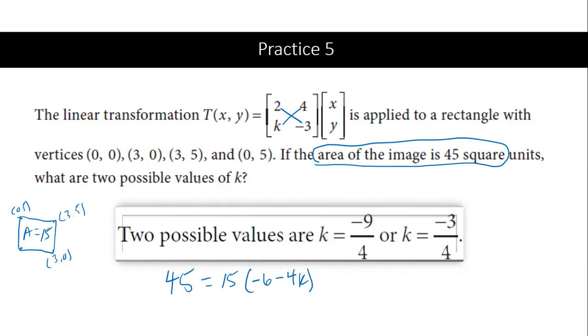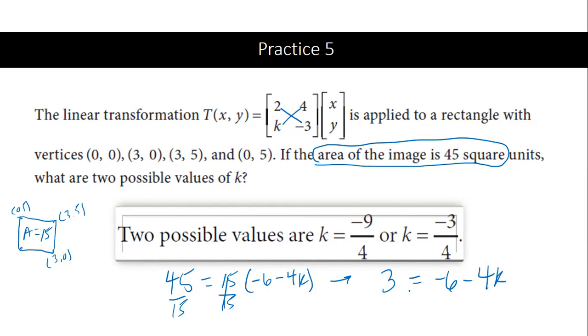So now your job is to solve for k. What's the first thing you do? Don't distribute. Divide everything by 15. What's 45 divided by 15? 3. So now you're left with 3 equals -6 minus 4k.